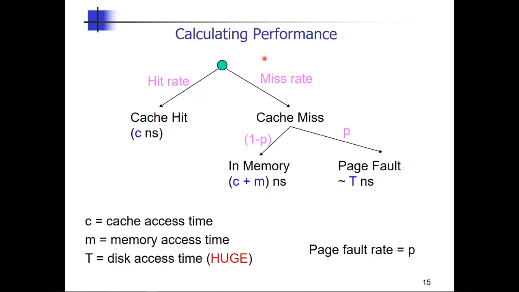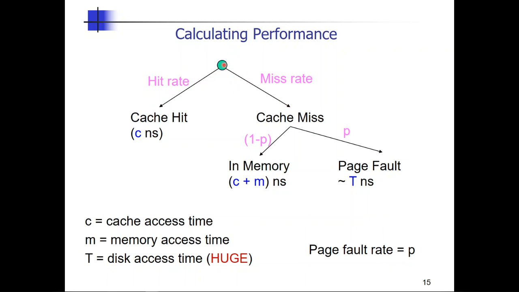Now let's see how we can calculate performance or try to associate times to all of this. So suppose we are trying to do a memory access, and say we have a cache that we are trying to access first, and then we go to the memory, and if we don't find things in the memory, then we go to the hard disk.